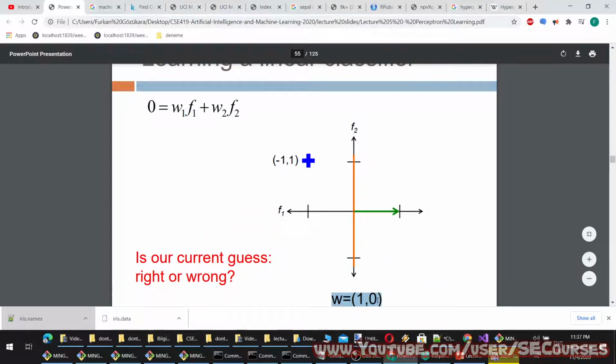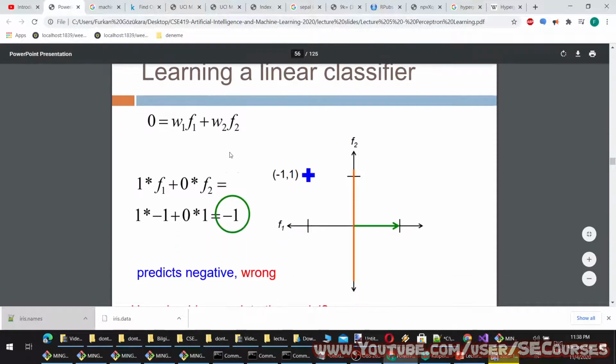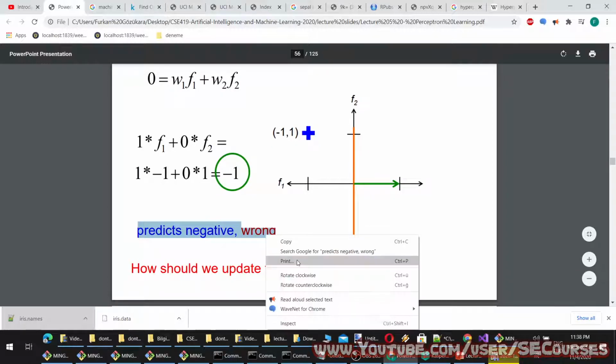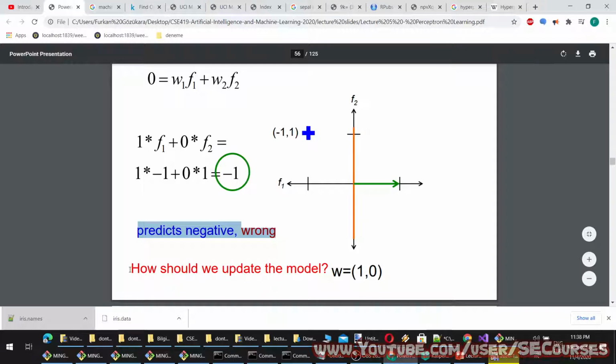We have to modify these weights so that this positive class can become correctly classified. Currently it is classified as negative because the sum of weights multiplied with the feature values is negative. So you see it is minus 1 because 1 times F1 is minus 1 and 0 times F2 is 0. So that is minus 1. Predicts negative, wrong.